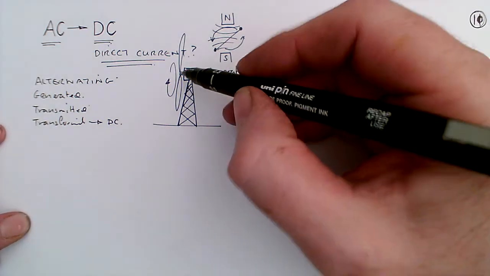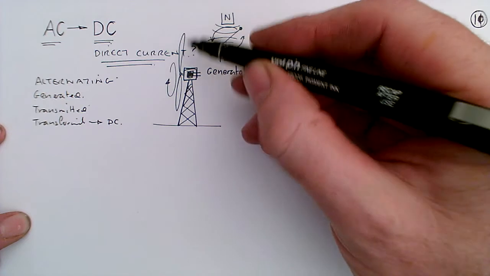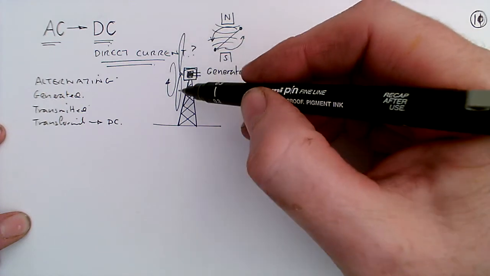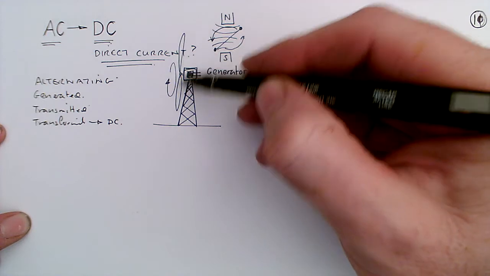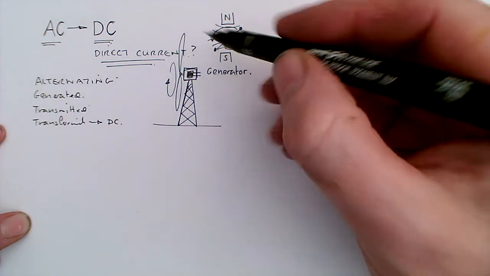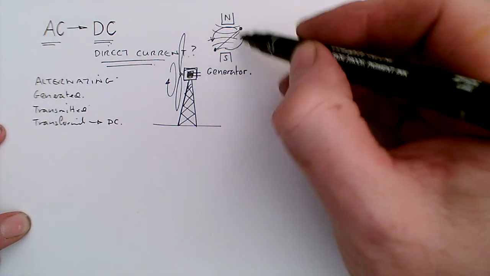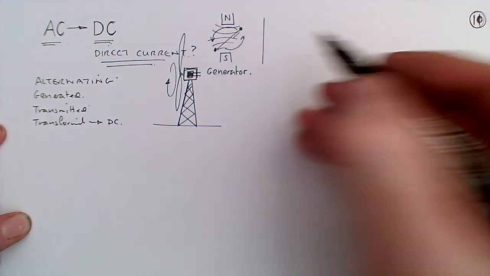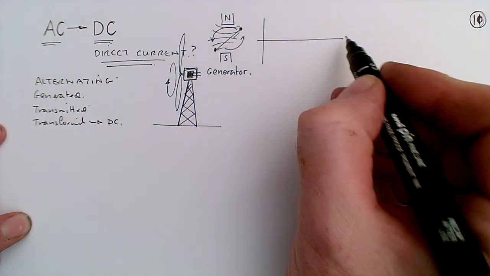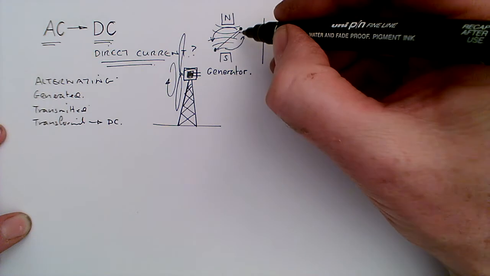But effectively, the turbine blades or the steam turbines in a power station would rotate, and the coil would spin past the magnets, and effectively what's generated is an alternating current.